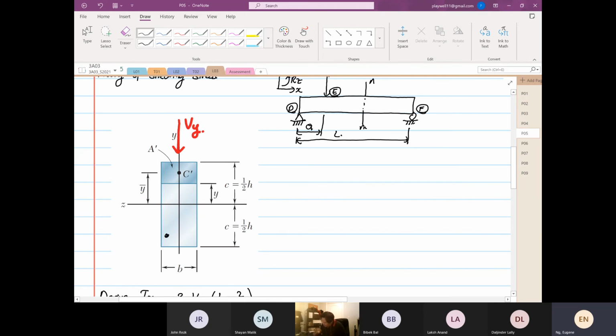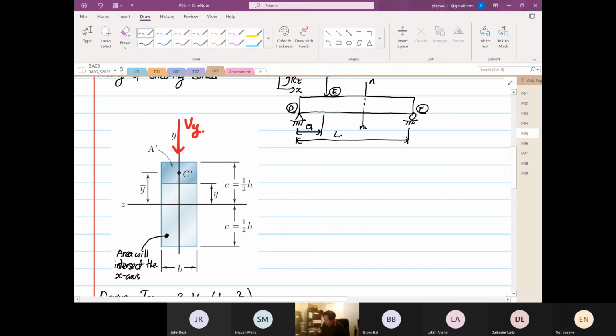This surface over here belongs to this area, which will intersect the x-axis.